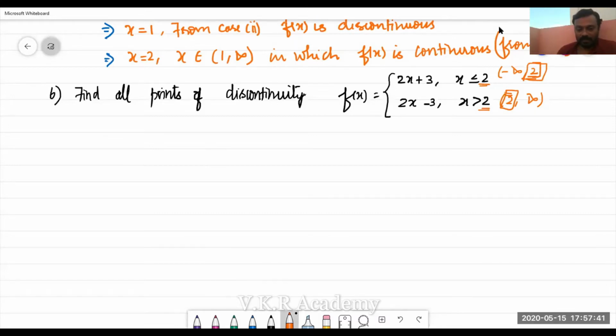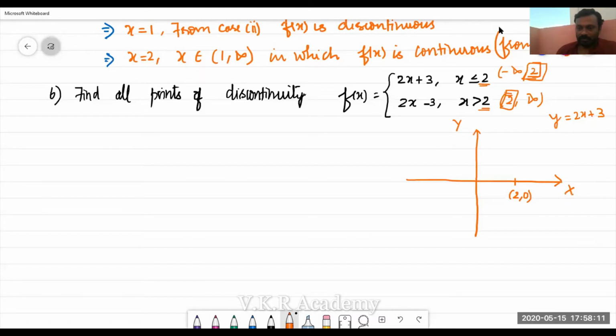Now let's try to draw the graph of this function, by which we can get some hint about the continuity. It gets split at 2, so it is the point 2 comma 0. In x less than or equal to 2, we have y is equal to 2x plus 3.